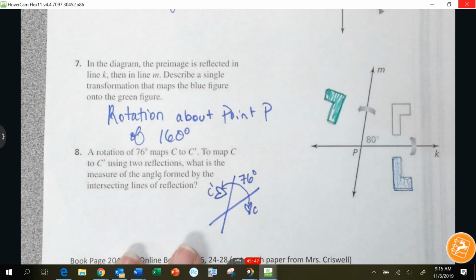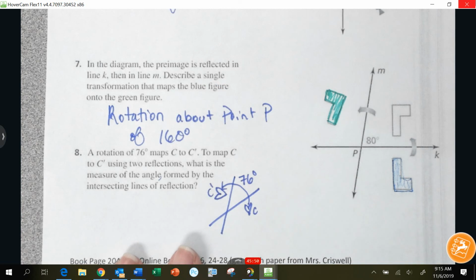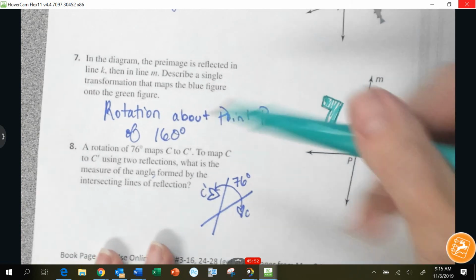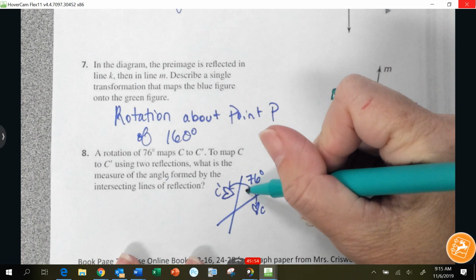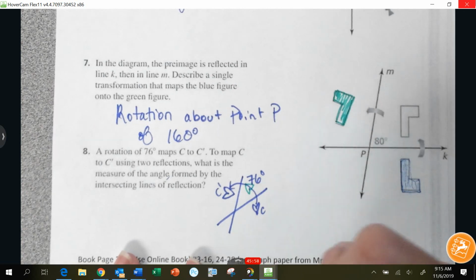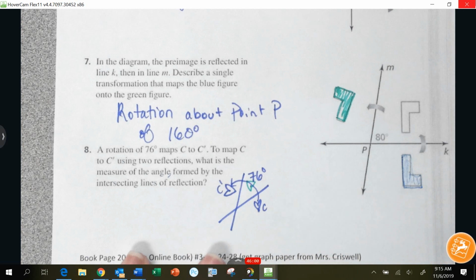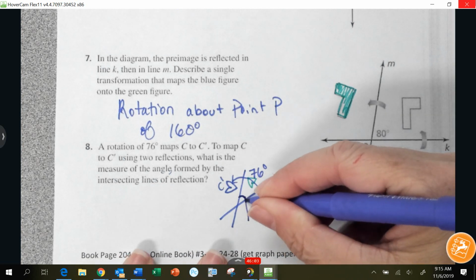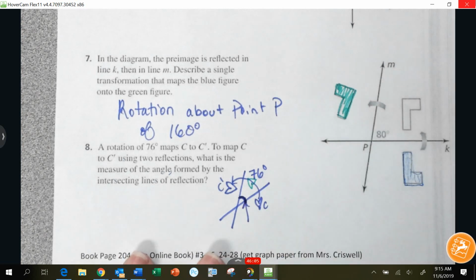Now they're saying if we instead did reflections to get there, so this would be a reflection, and then this would be a reflection. If we did reflections to get there, what would be this angle between the two lines?